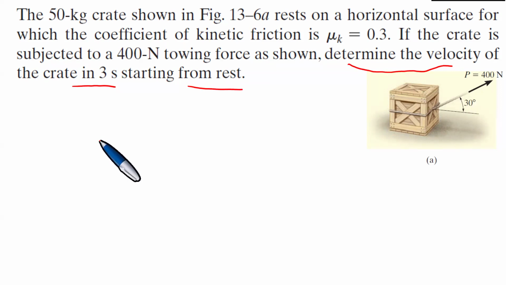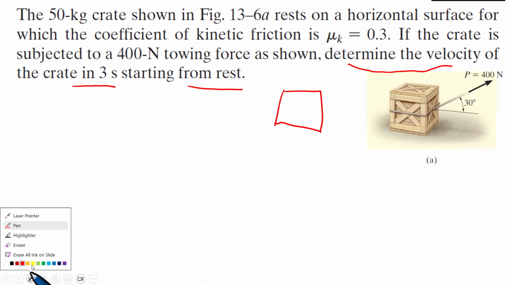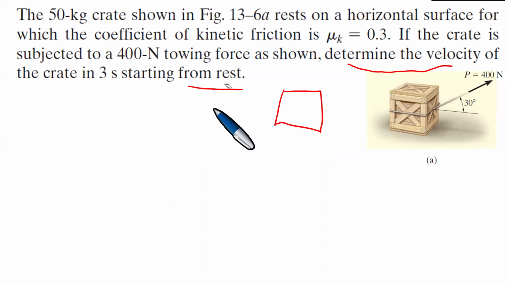A couple of things you need to take into account is the notion of the force diagram. Here it's the crate, and as usual in physics, let's identify the forces that act on the crate.